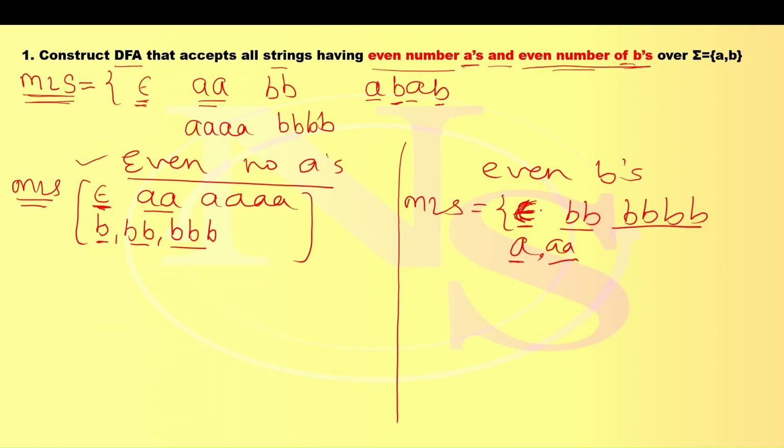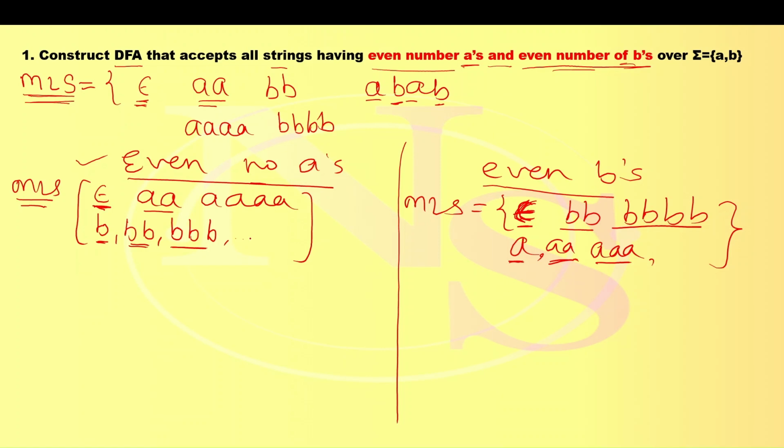So it's an even one. Same as epsilon. 3 A's, it's okay. What I mean to say here is, when I say even number of B's, there is no condition on the A. Multiple A's can come. Similarly here for even number of A's, there is no condition on B's. Multiple B's can come.